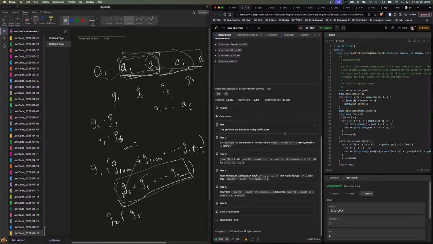Rewriting this, count I minus count j. Count j will equal to count I plus modulo minus k. Yeah, that's right. But hold a second. Oh, you don't have to count j.